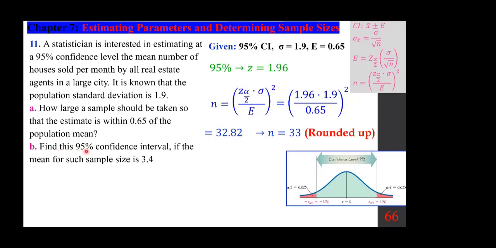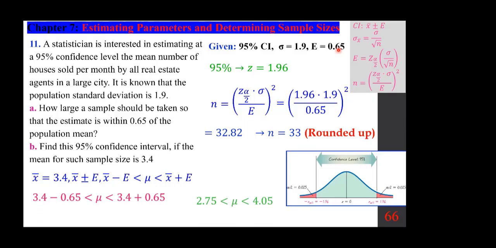Find this 95% confidence interval if the mean of such sample size is 3.4. X bar is 3.4 plus minus E, which is 0.65. What does it mean? We are 95% confident that the true population mean is between these two numbers.